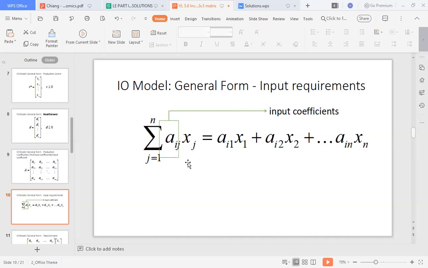So again, this is what we call the total money value of the industry I output required by all industries.